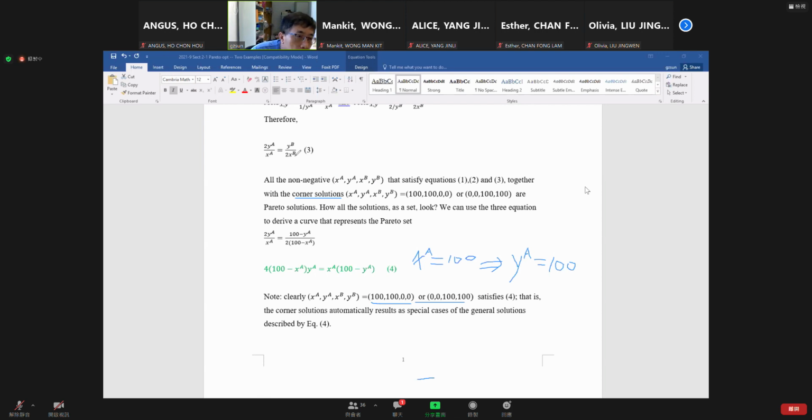But once we put this equation in this way, all such mathematical problem disappear. Okay, never mind, don't worry about it. So therefore, the corner solution automatically becomes a special case of the general solution described by equation 4.